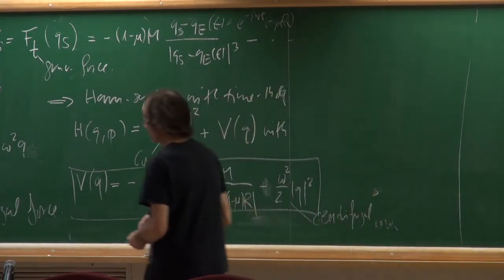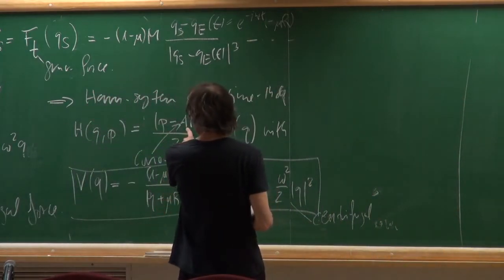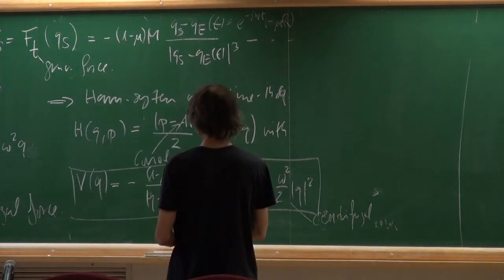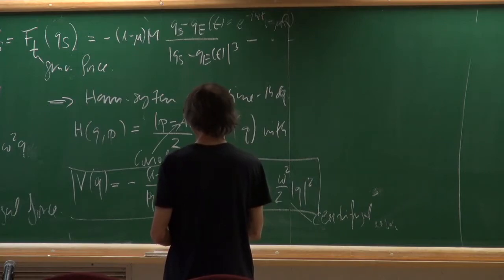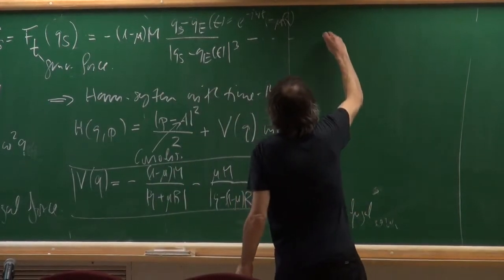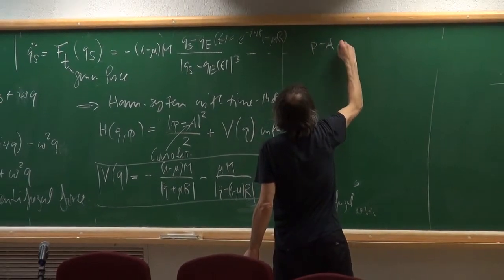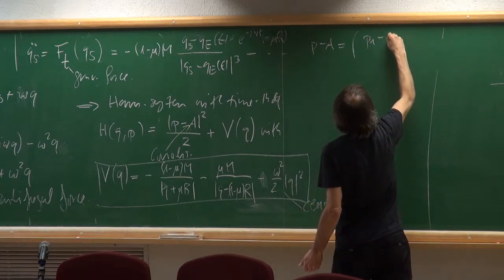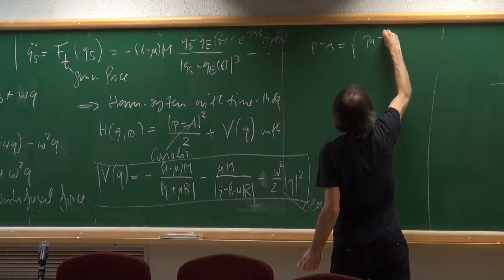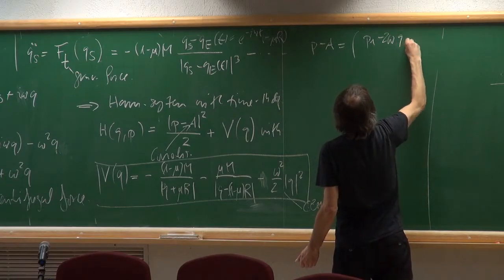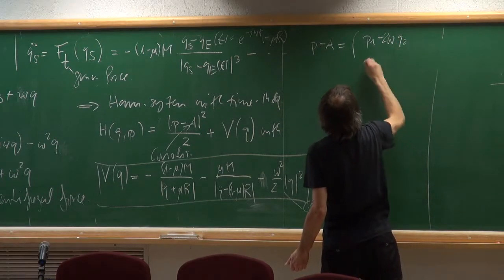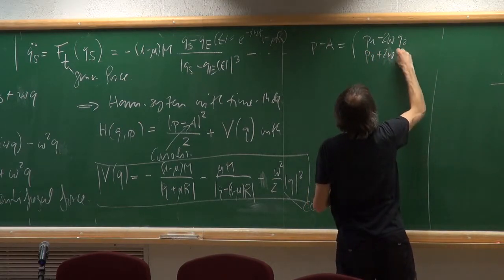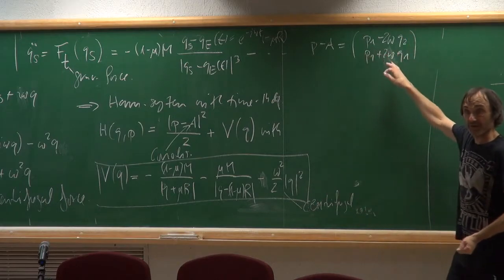And this A is, now for this one I need to, I think A is, so P minus A, I think, is a vector P1 minus omega, or maybe 2 omega Q2, and P1 plus 2 omega Q1, or the other way around.